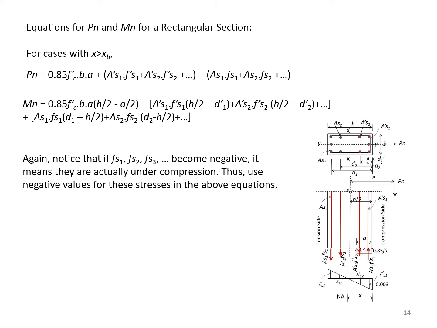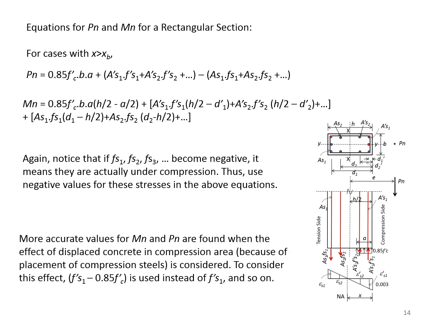Therefore, we use negative values for these stresses in the above equations. More accurate values for Mn and Pn are found when the effect of displaced concrete in compression area because of placement of compression steels is considered. To consider this effect, F prime s1 minus 0.85 f prime sub c is used instead of F prime s1 and so on.